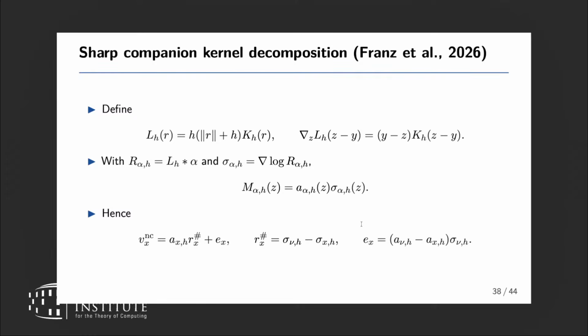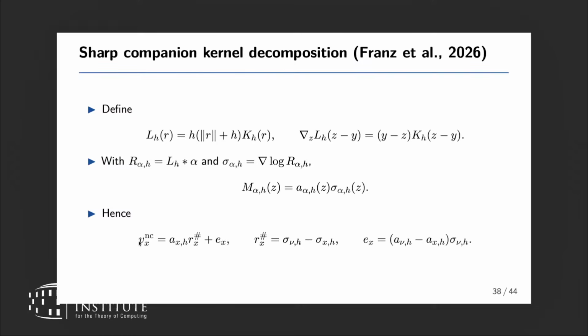In a related paper by Franz et al., they propose the idea of a sharp companion-kernel decomposition, where your non-conservative velocity field can be written in a particular form: you have a conservative velocity field, you multiply that with some other coefficient, and then have some residual error, right?